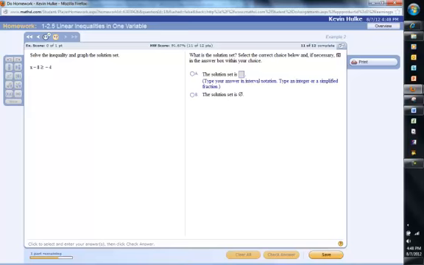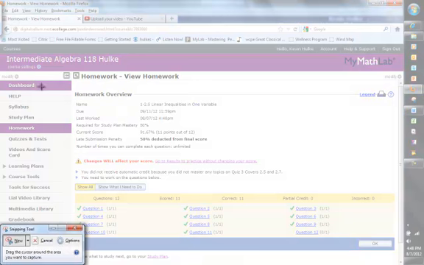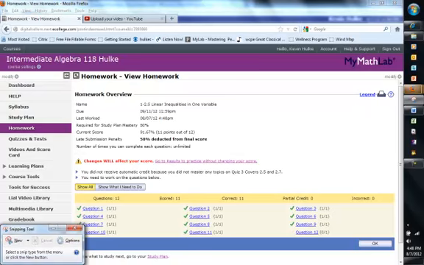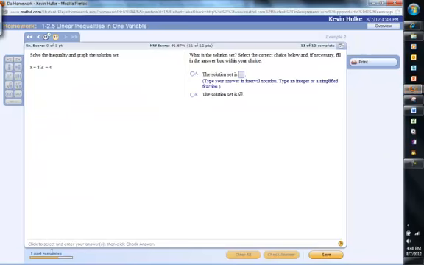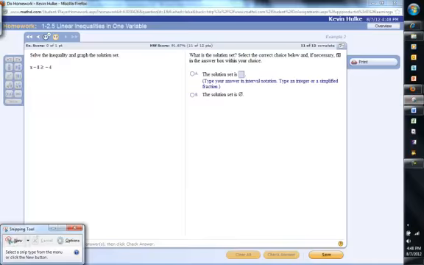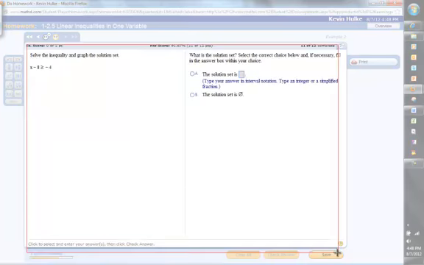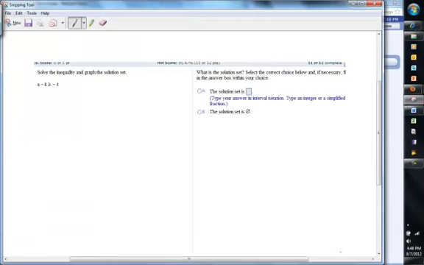Number 12 is solve the inequality. Solve the inequality and graph the solution set. So we have x minus 8 is greater than or equal to -4. Let's add 8 to both sides.